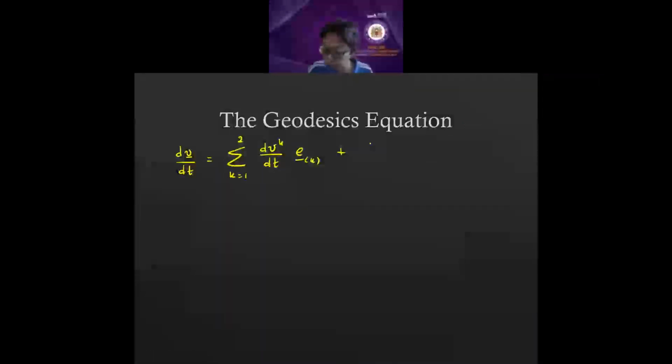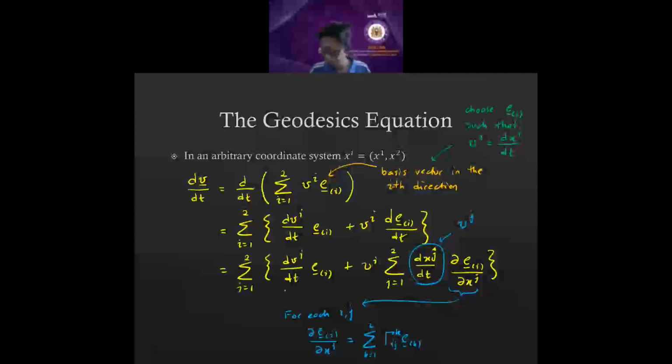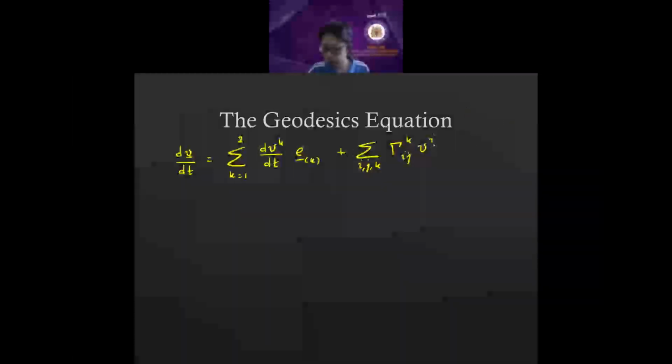I'm just going to combine them together to be a summation over i, j, and k, each from 1 to 2, of Gamma^k_ij, v^i, then v^j, and then e_k.